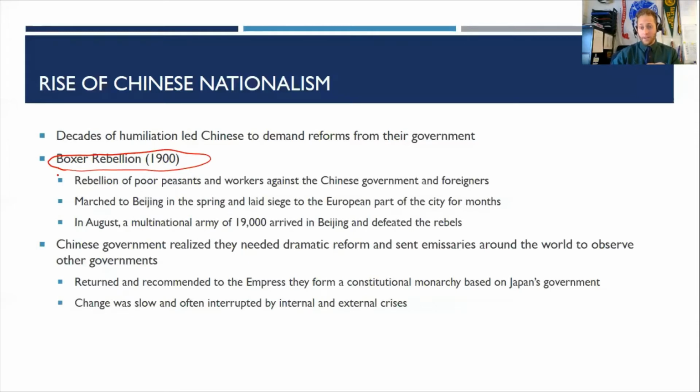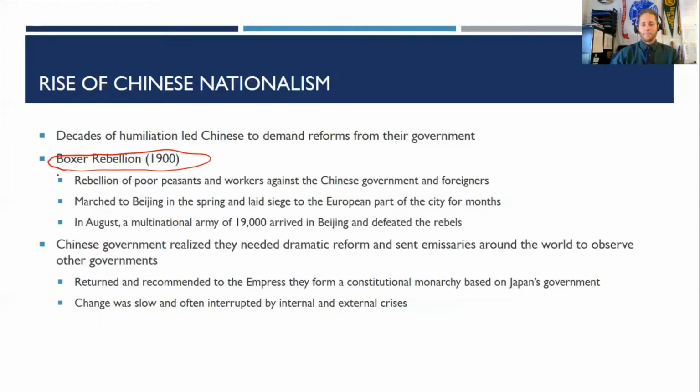Chinese Christians in particular are going to be targeted, Christianity being a European influence. The traditionalist Chinese nationalists are going to target and kill many Chinese Christians and any foreigners they can get their hands on.